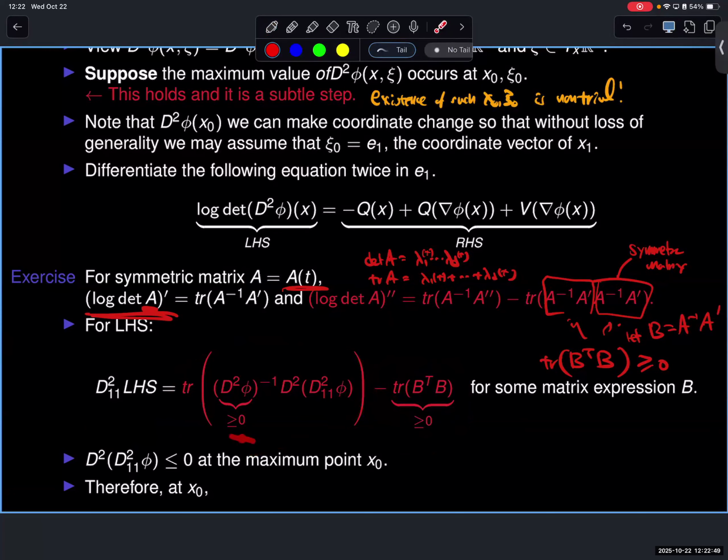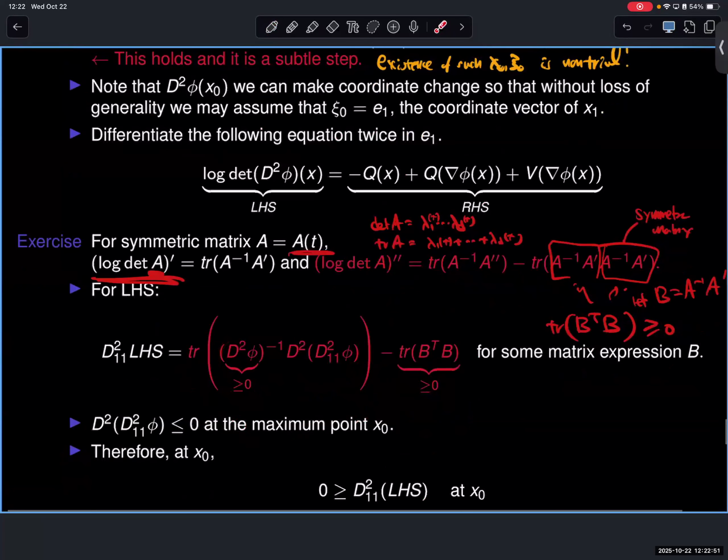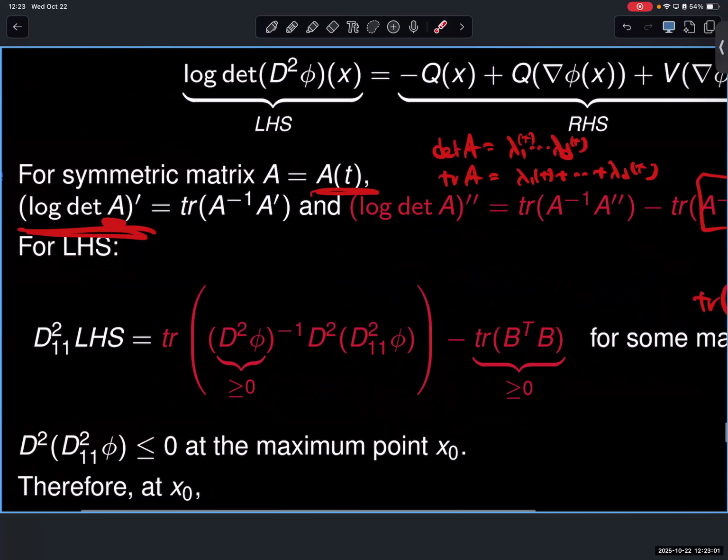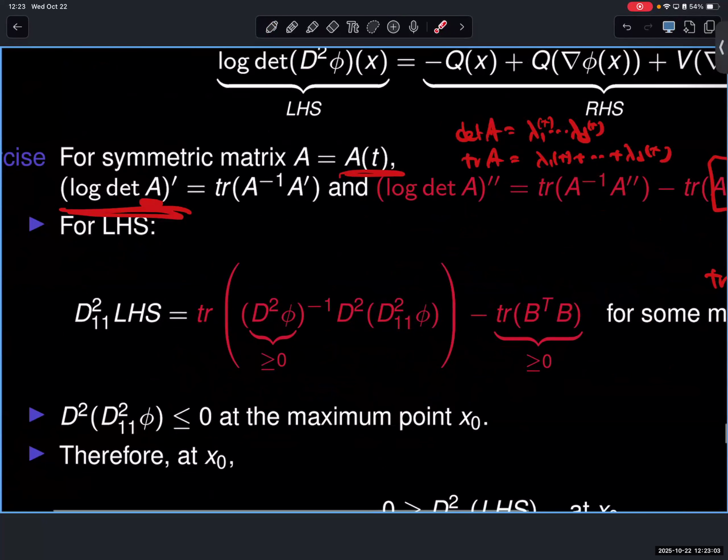But then, if you look at this, what happens? Here, this Hessian matrix is non-negative, so its inverse is also non-negative.